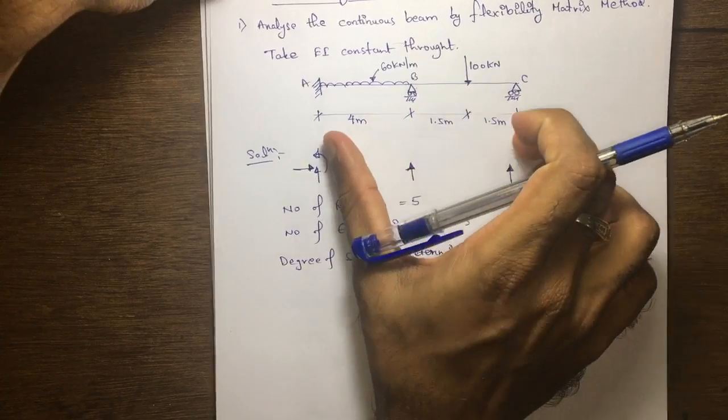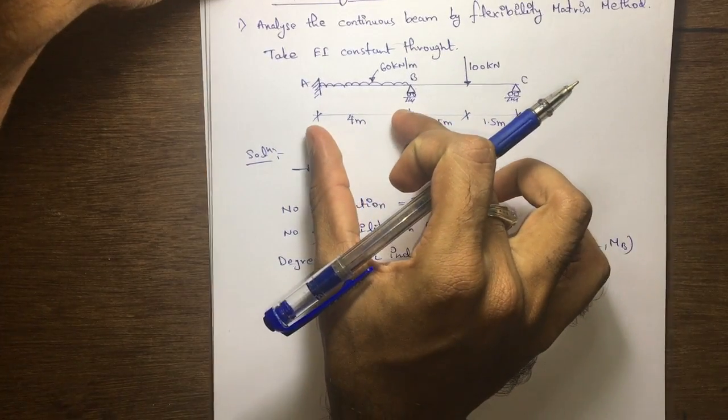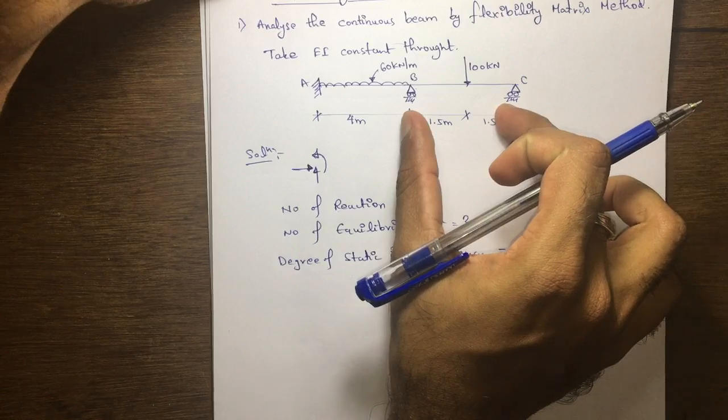So to solve this continuous beam problem, we have to make it into two simply supported beams.